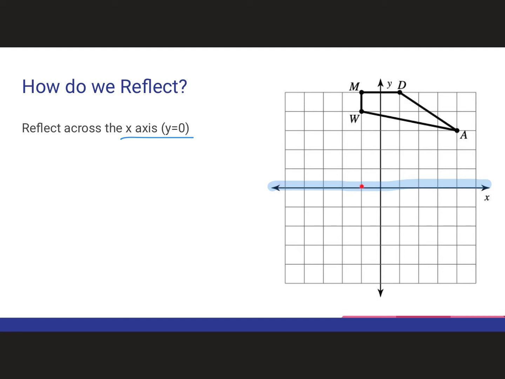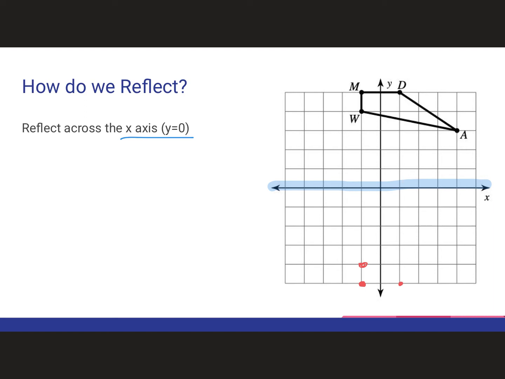So this point W is 1, 2, 3, 4 units up. So I'm just going to go 1, 2, 3, 4 units down and put point W there. Point M is 5 units up, so it's going to be 5 units down.